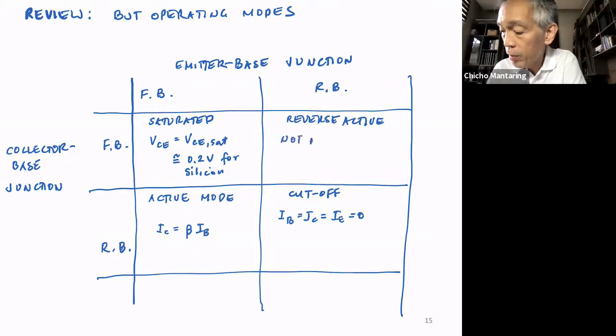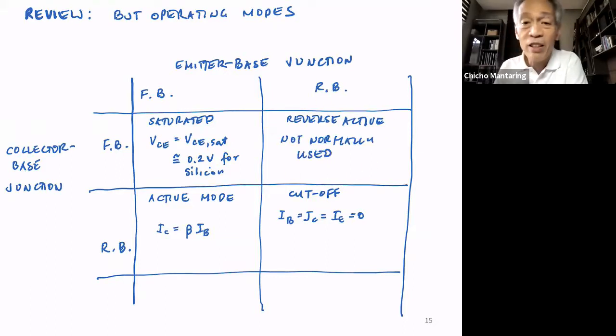I mentioned last time that oftentimes when you find your transistor in the reverse active mode, it's because somebody connected it the wrong way, because the emitter and the collector are not perfectly symmetrical. So the transistor performs better when the emitter is really the emitter than if you mistakenly made the collector the emitter. So those are your four operating modes.